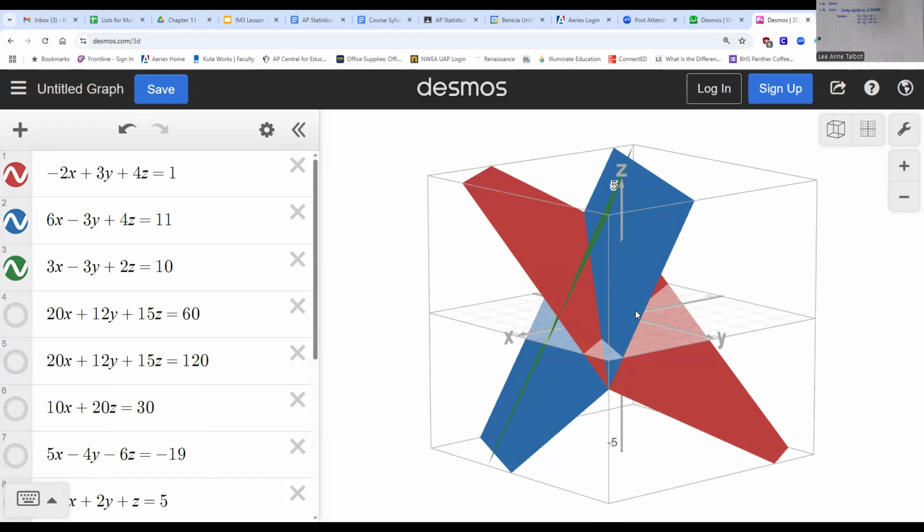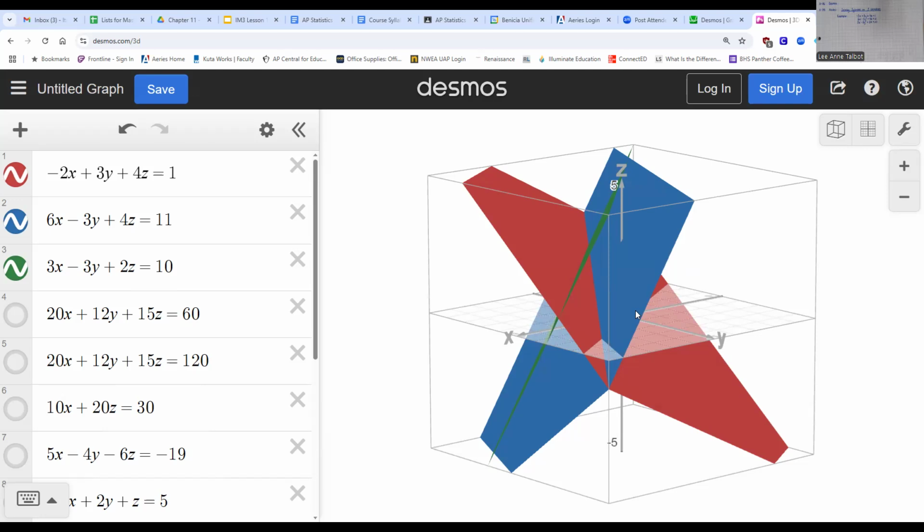Okay, so when something is something X plus something Y plus something Z equals a number, that is called a plane. The plane is a surface that goes on forever in all directions. It doesn't have any thickness. You can think of it like the thinnest piece of paper that you could possibly think of going on forever and ever and ever.